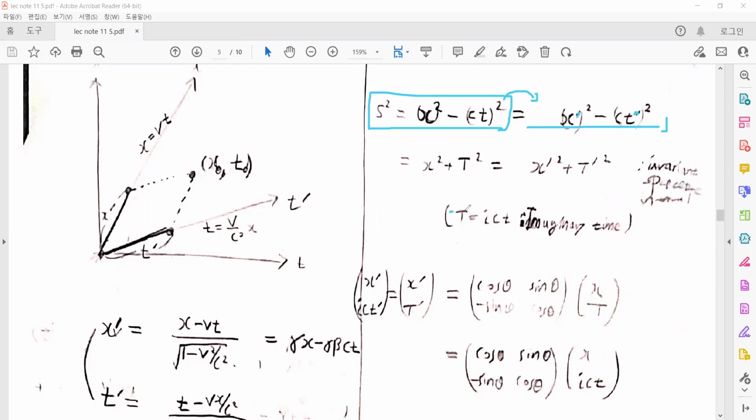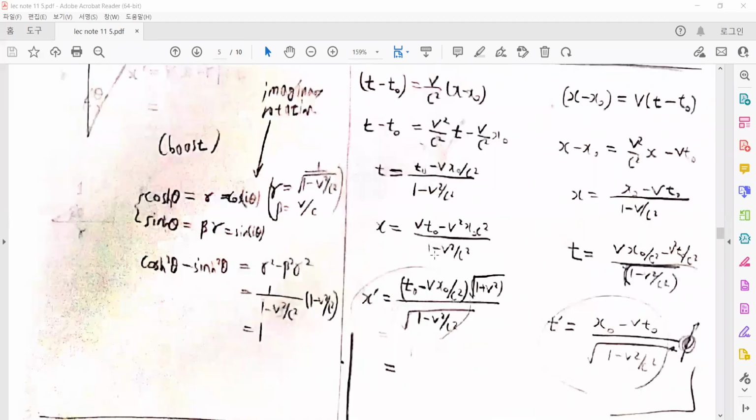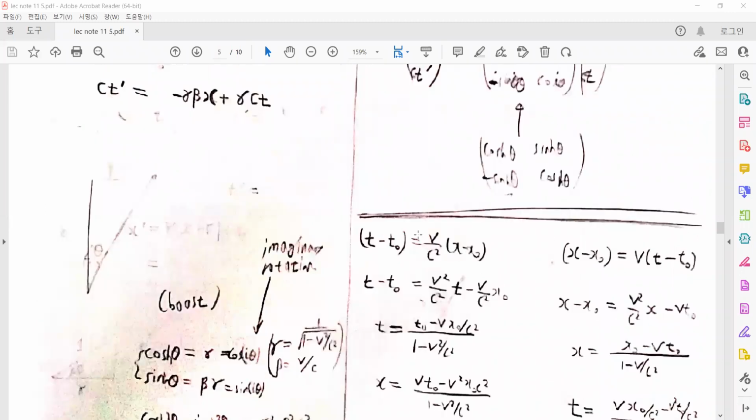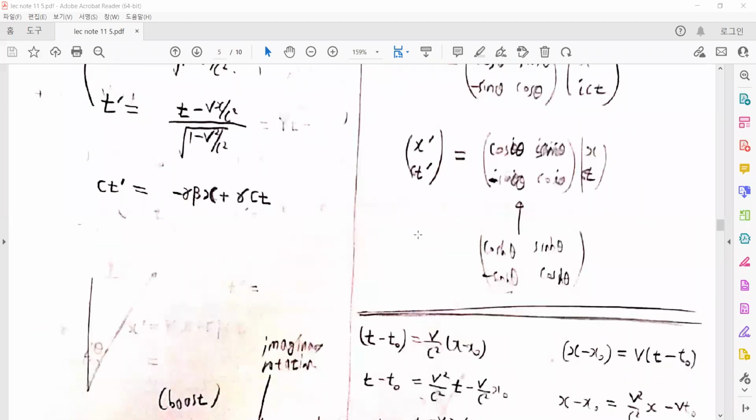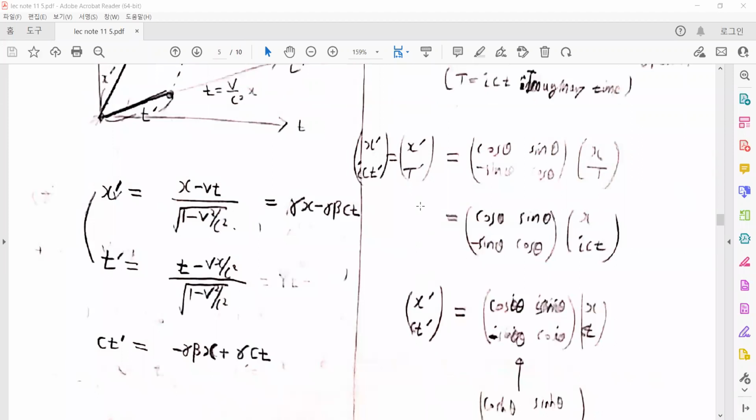And if we study the imaginary time t equal to ict, then x squared and t squared give the invariant space-time interval, and it can be interpreted as such rotations between the spatial axis and the time axis. And such derivations of the Lorentz boost will be discussed in maybe the next videos.